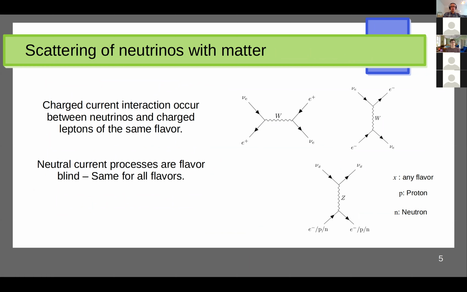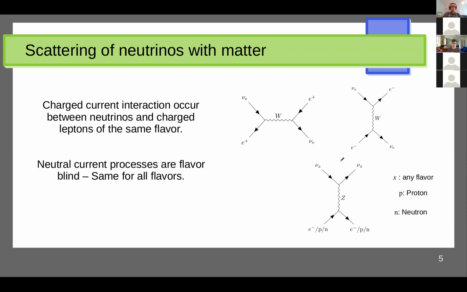So why do we want to understand neutrino flavor evolution for these astrophysical environments? That is because if you look at the interaction of neutrinos with matter, you will see in the top two diagrams, these are the charged current interactions of neutrinos with electrons. And you will see that only electron type neutrinos participate. Whereas if you look at the neutral current interaction of neutrinos, then you will see all flavors participate equally.